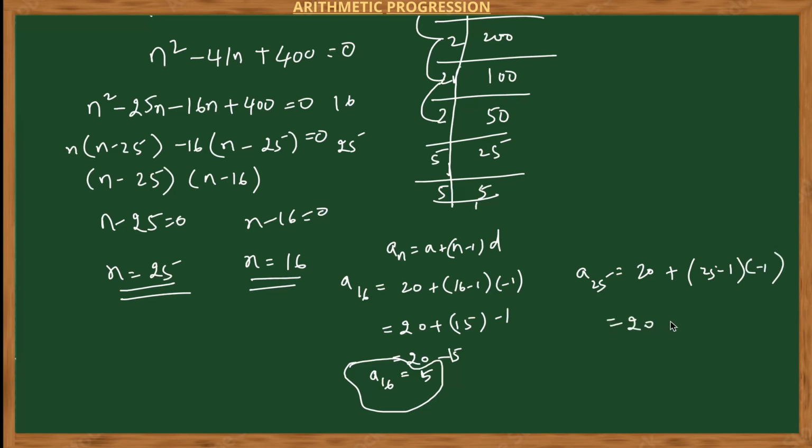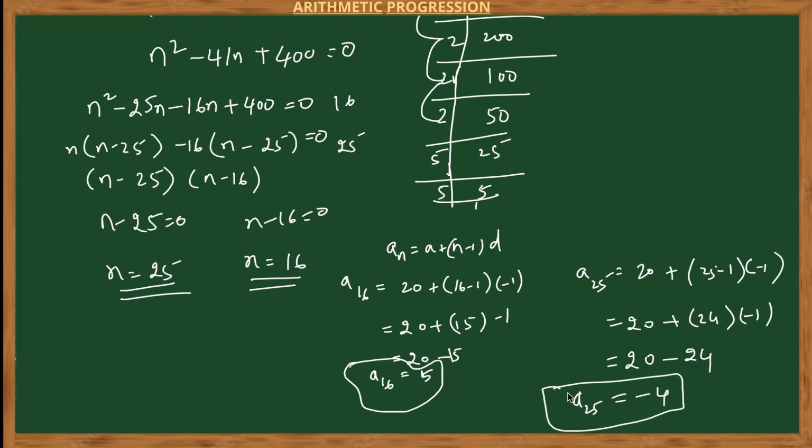That is 20 plus 24 into minus 1, which is 20 minus 24, and that becomes minus 4. So a25 is minus 4.